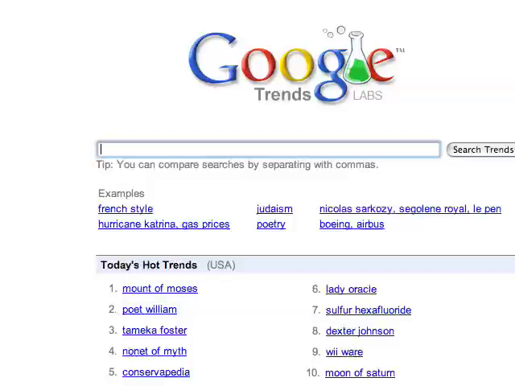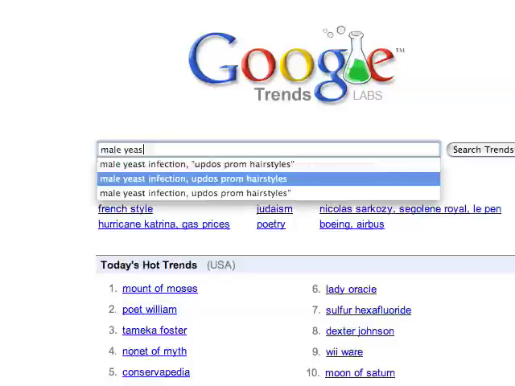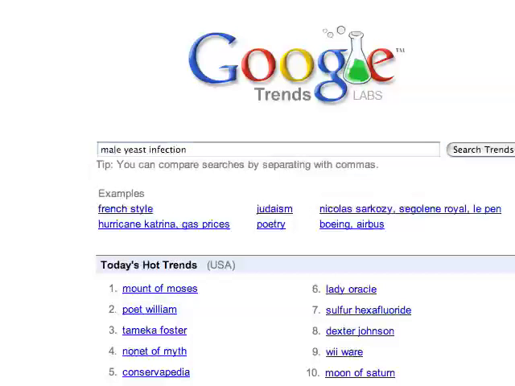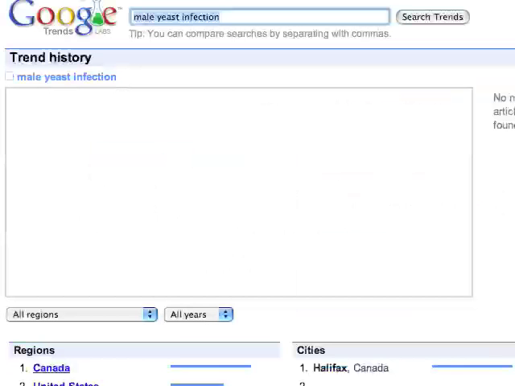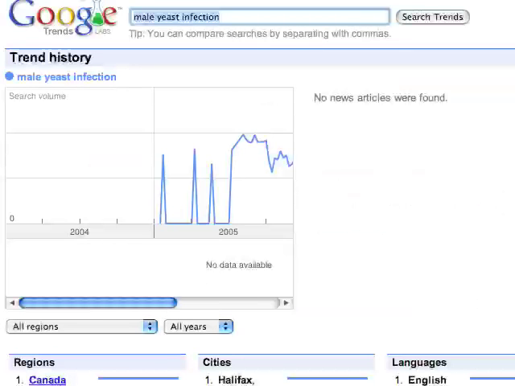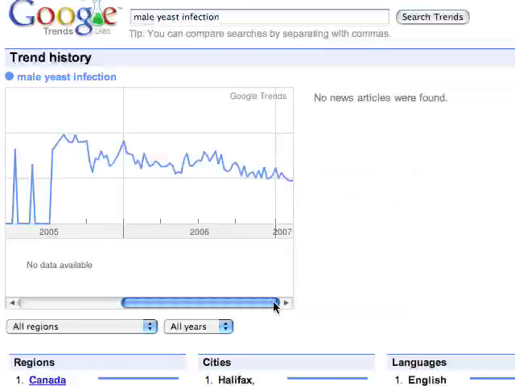So at this stage, I'm going to offer you a baseline using a particular keyword phrase, and that keyword phrase is male yeast infection. If we type that into Google Trends, we can see that there's a slightly declining traffic trend for that key phrase over the last 18 months to 2 years.